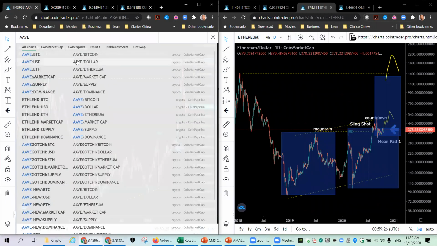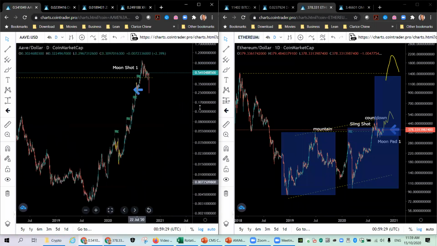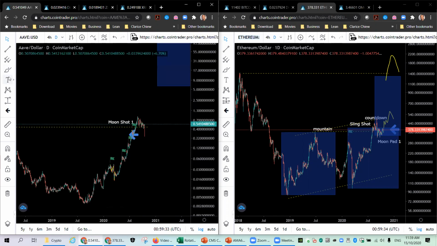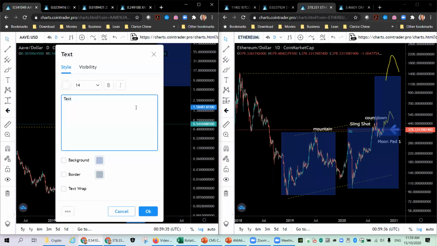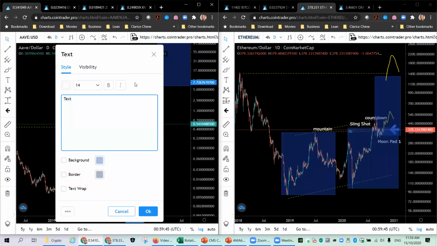For those who don't know, the next pattern is pattern 2.1, which is what the next one, right? And this should be much higher, right? So pattern 2.2.